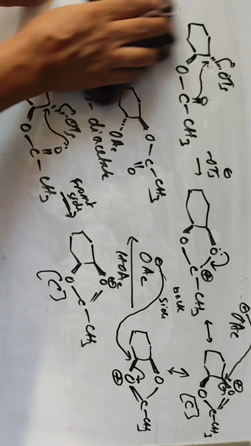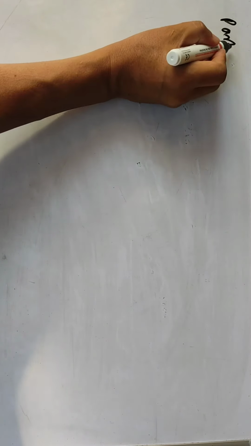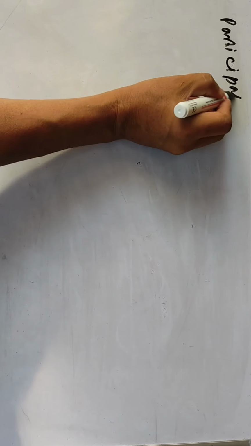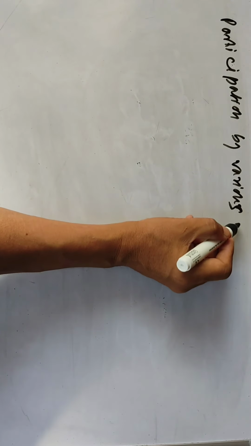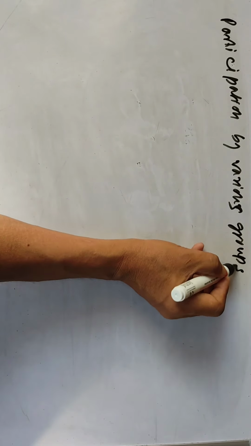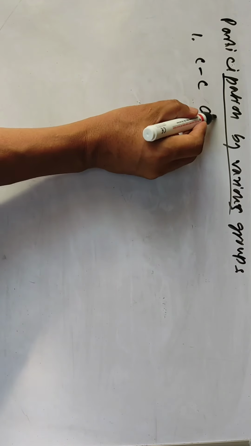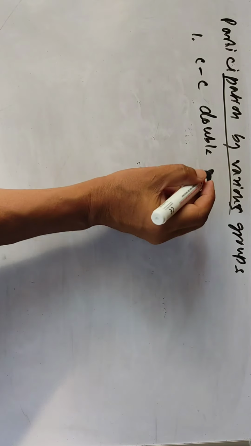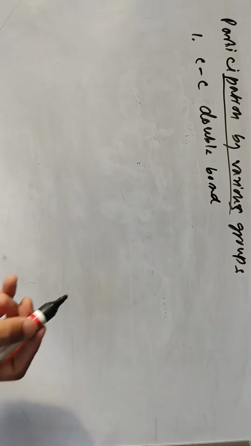So now let's see, there are many types of groups by which this participation can take place. We can have C=C participation, single bond or double bond like that. First one is C=C double bond participation, or you can say C=C double bond neighboring group participation.